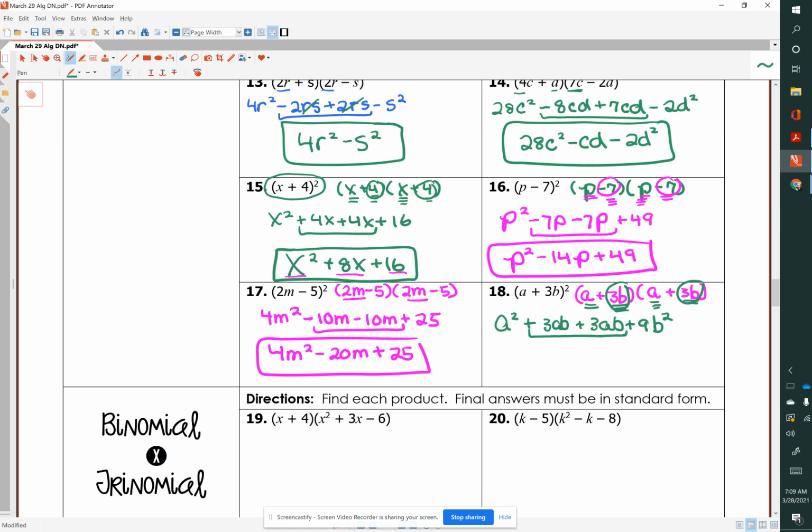We combine the center, which will give us a squared plus 6ab plus 9b squared.